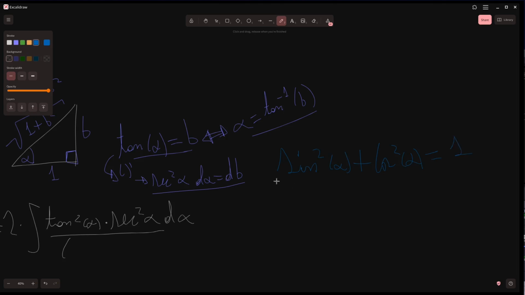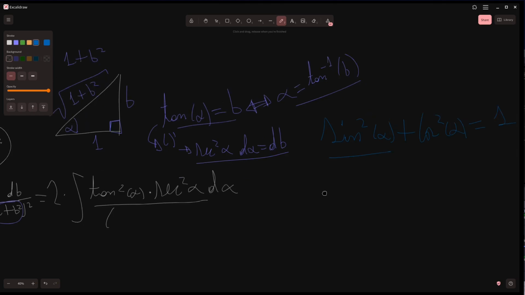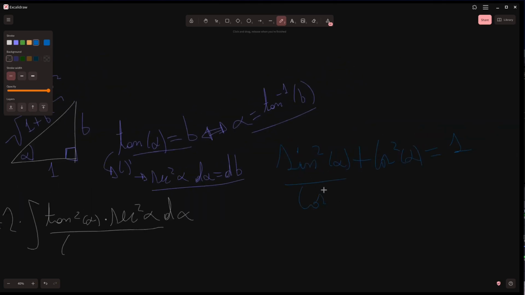So we divide all of this by the cosine square of the angle to obtain the tangent. So cosine square of the angle, and the same here, and the same here. So that should be the tangent square of the angle plus 1 equals 1 over the cosine square of the angle. That should be the secant square of the angle.